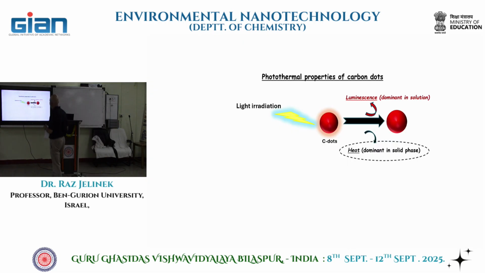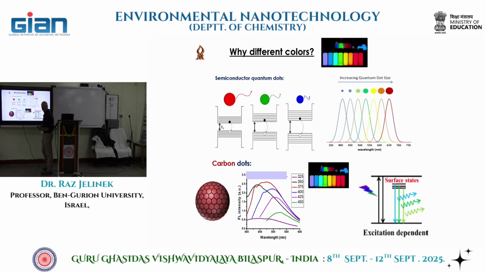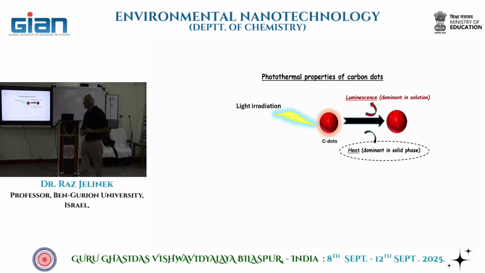Instead, the electron will go back indirectly. It will go back from here to other levels that the electron finds in the environment. And this process generates heat. And that's the key thing, as we're going to see in a minute, in these water purification applications.